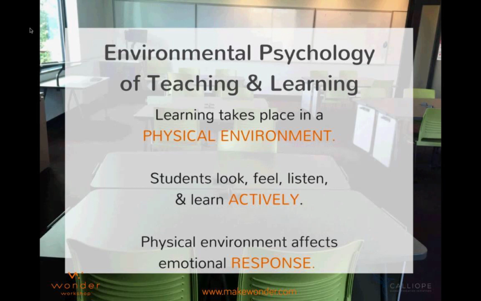So the first thing to consider is that learning takes place in a physical environment, which sounds so logical, but sometimes I think as teachers, we may forget that. So our students enter our rooms and they are bombarded with information and sensory information. So things that we can think about, and it's really important with computer science because they're looking at screens.